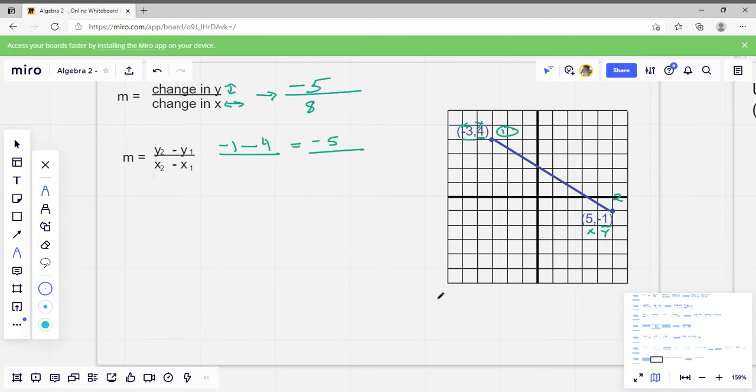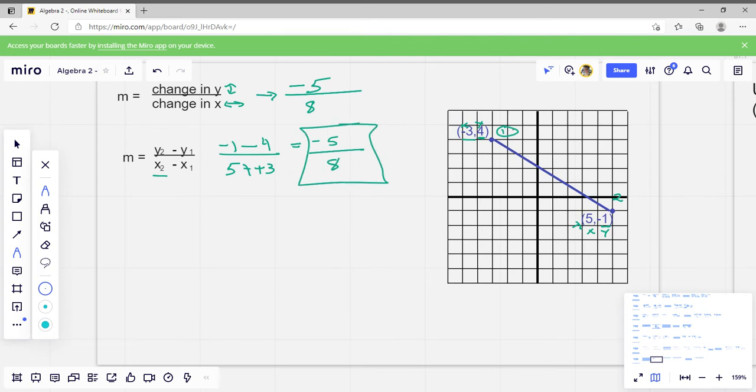Then x2, that'd be 5 right here on point 2, minus x1, which would be -3, minus -3, which would be 5 plus 3 is 8. So it comes out the same.